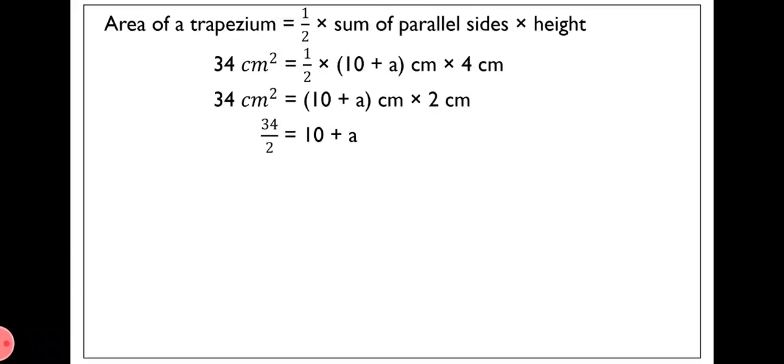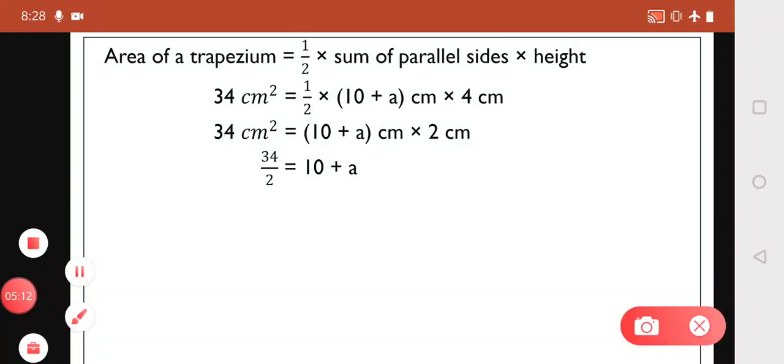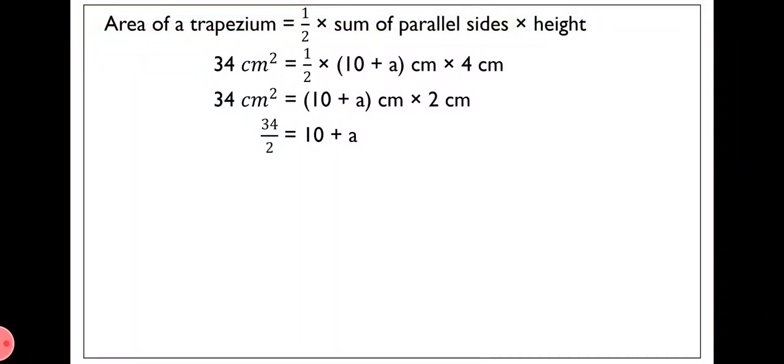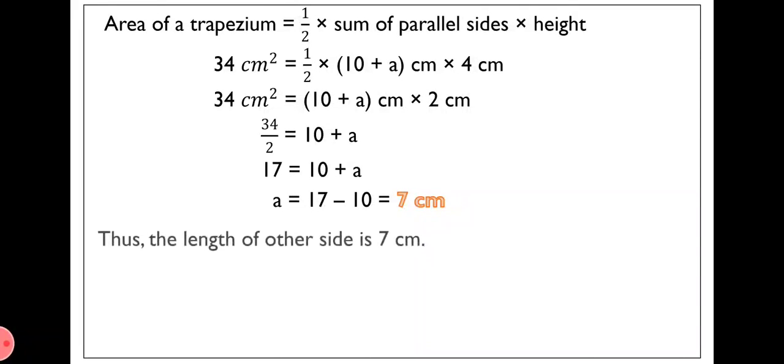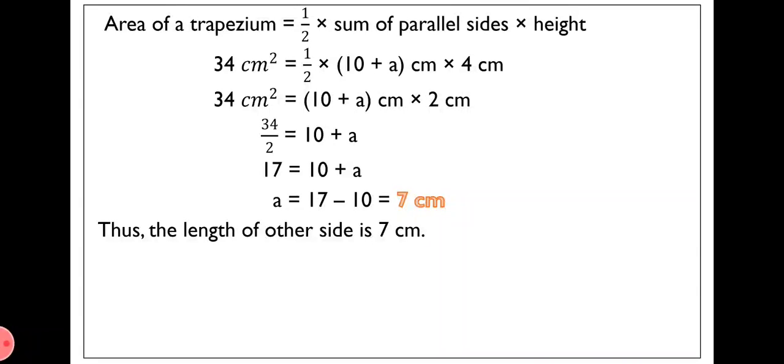Now again we can cut 2 and 34, 2 ones are and 2 17s are. So we will get 17 equal to 10 plus a. Therefore a equal to 17 minus 10, that is 7 centimeter. Thus the length of the other parallel side of a trapezium is 7 centimeter.